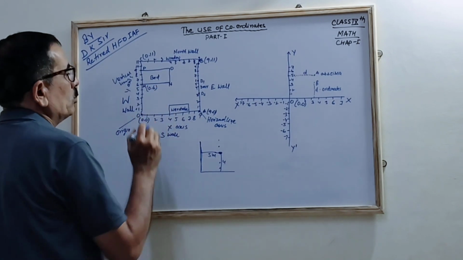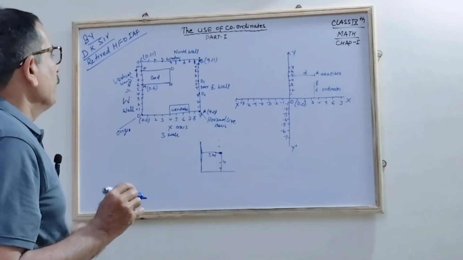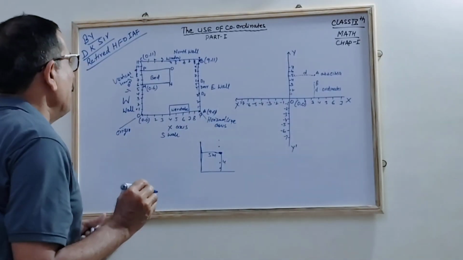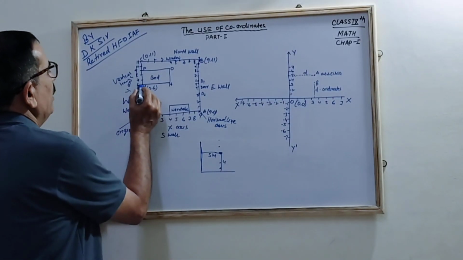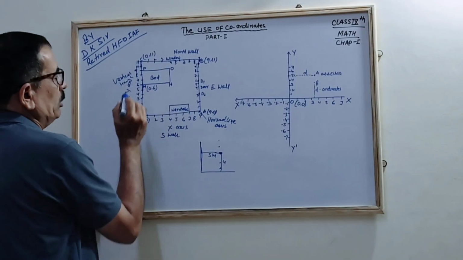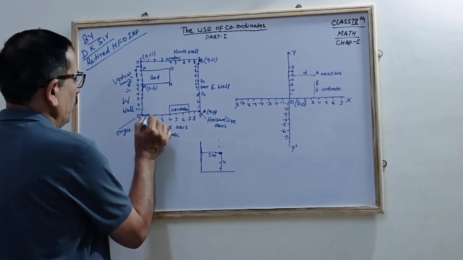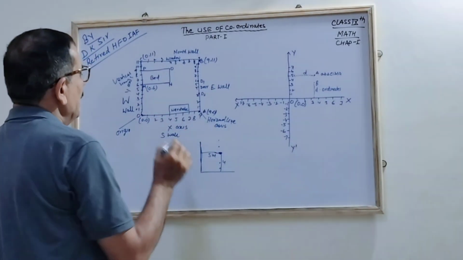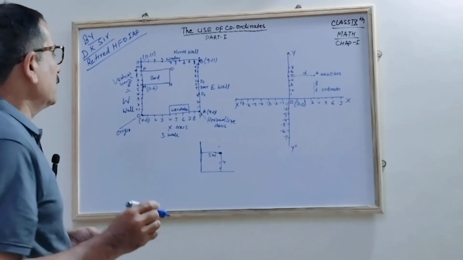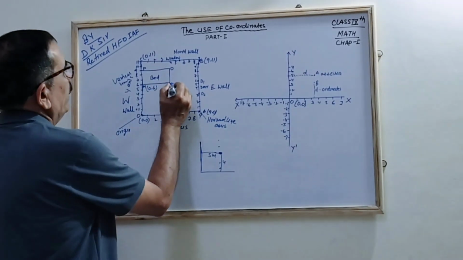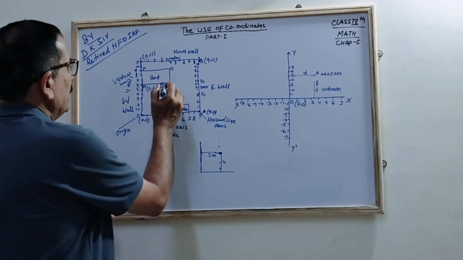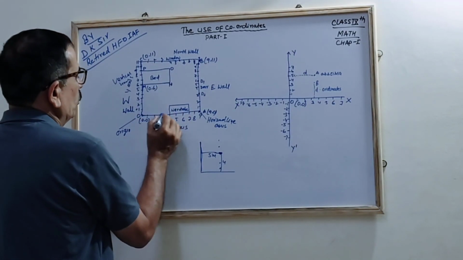So this coordinate will be 0 and 6. 0 and 6 means from the y axis it is at 0 distance, and from the bottom horizontal line it is at a distance of 6, correct? When you go to N, you find that to reach N you have to go to this place, correct?